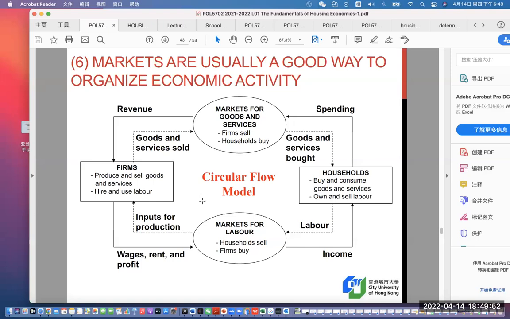This is the first time we think about the circular flow model, which is important because it introduced the importance of markets and state intervention. How does the market work in the circular flow? Many countries, including mainland China, keep emphasizing the circular flow model, which is quite important for you to understand.